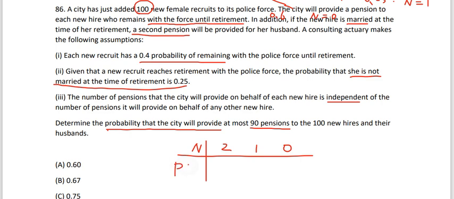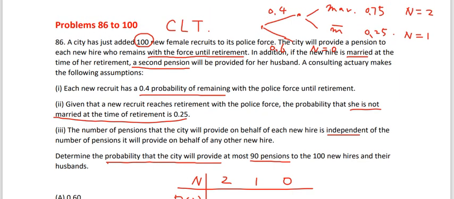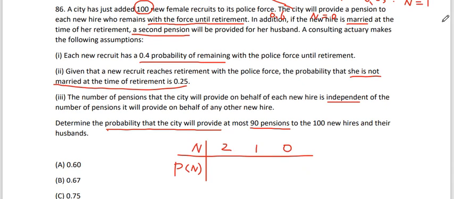The probability of 2 pensions, herself and her husband, is 0.4 multiplied by 3/4, which is 0.3.